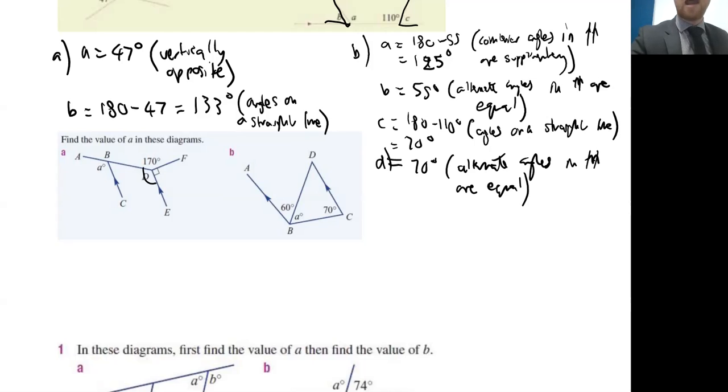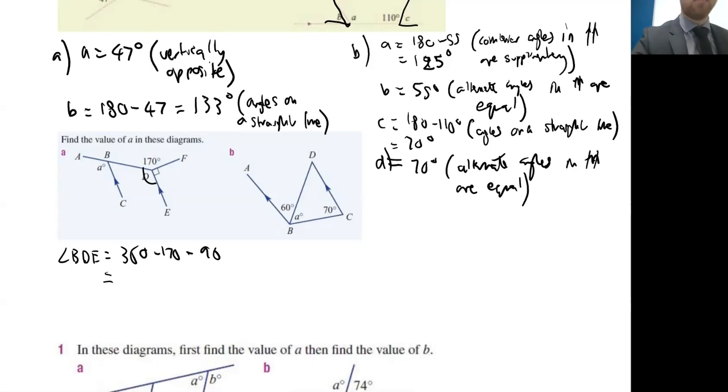Now, to find that angle, we have angles at a point, and we know that angles at a point add up to 360 degrees. So I know that angle BDE is going to be 360 minus 170 minus 90, because we've got two other angles there, 170 and 90 degrees.